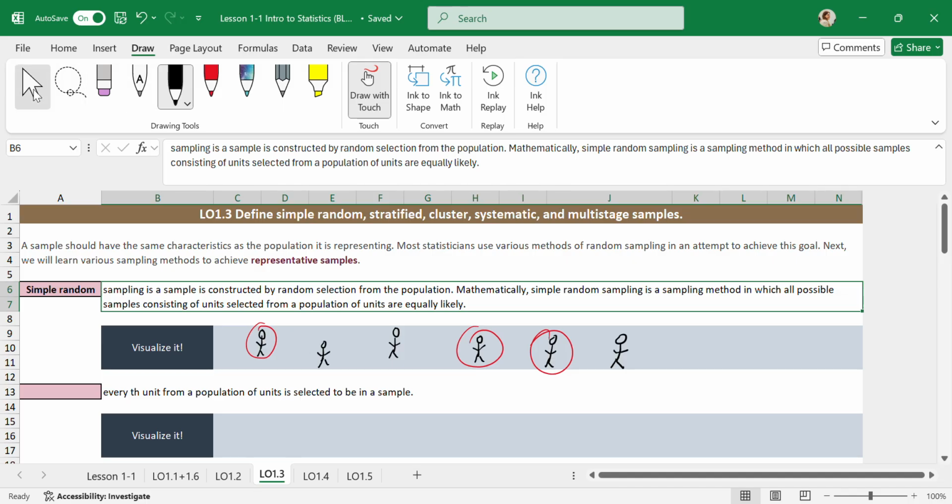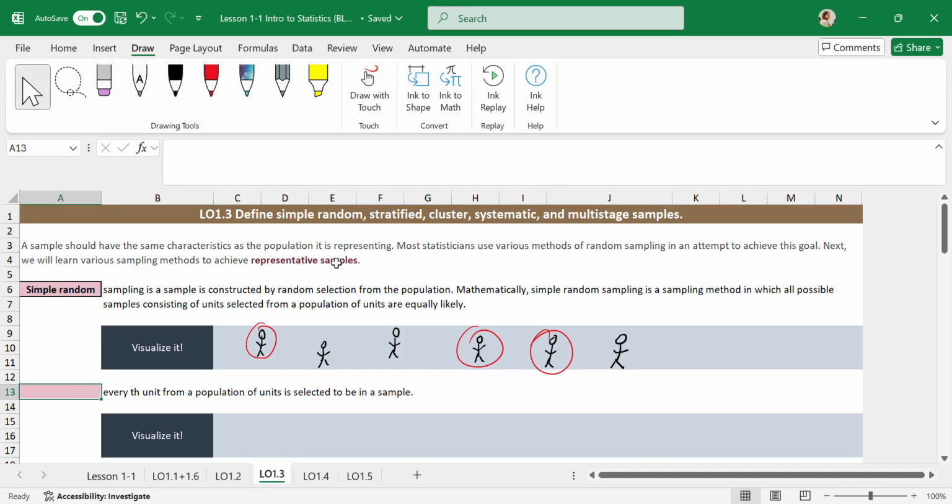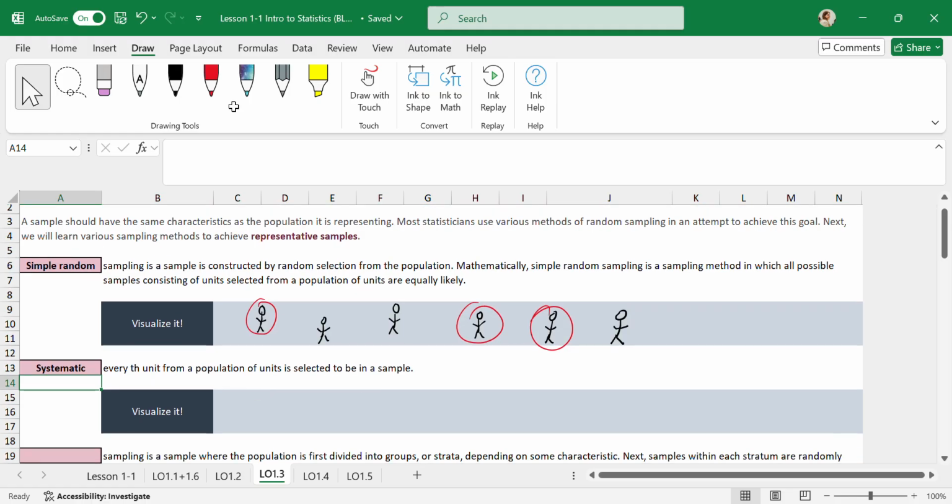Another way to sample so that you get a representative sample is to use something called systematic sampling. Let's say you have all of these students at Cambrian College that are arriving and walking through the doors at the school. In a systematic sample, you choose a number.